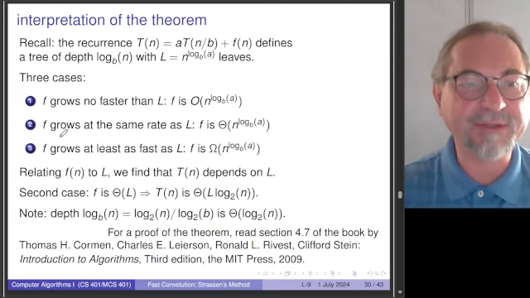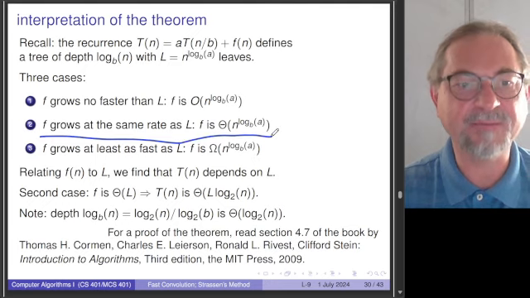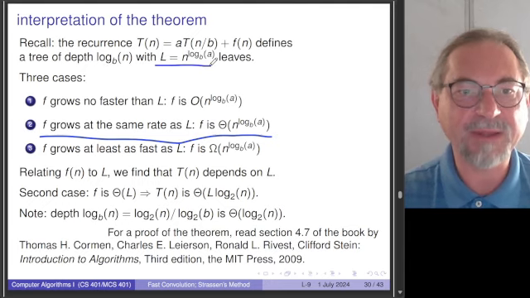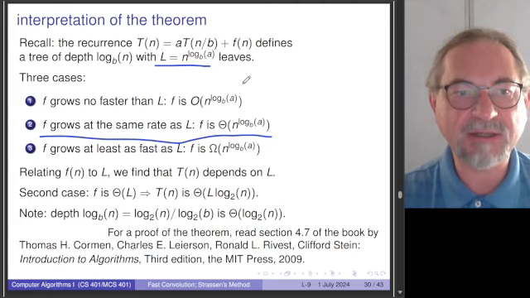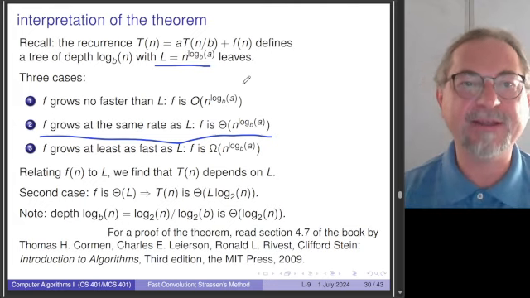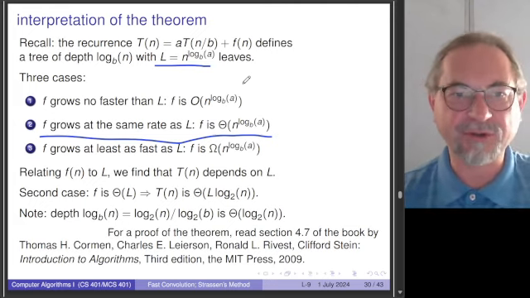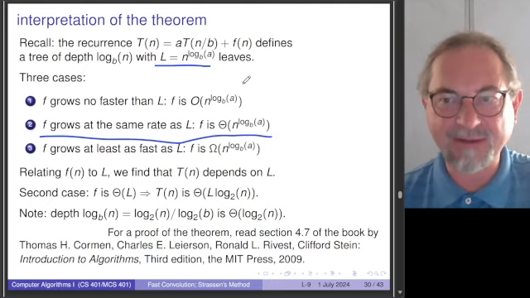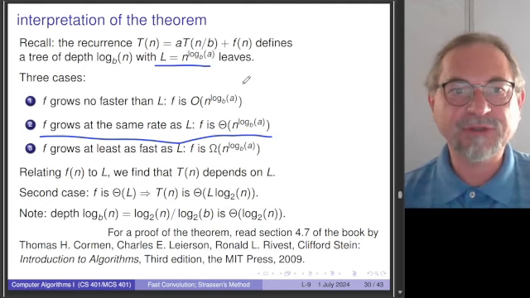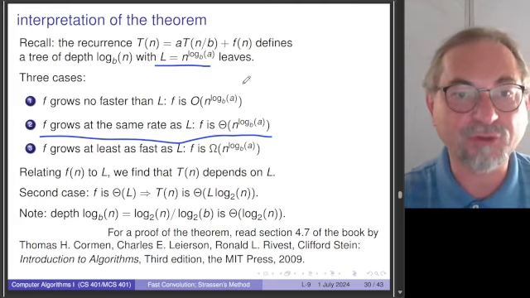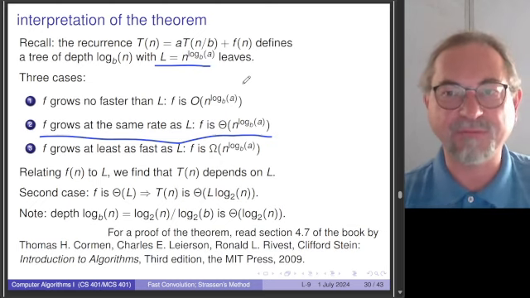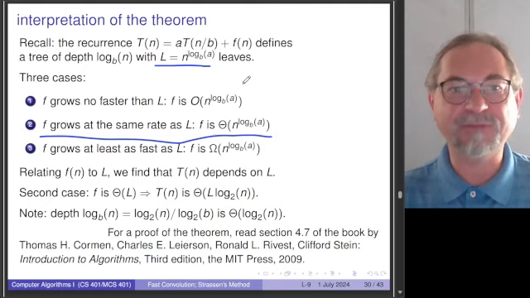So again, we have the middle case that was sitting here. How do we interpret this now in terms of this L? The big L here is determined by the depth of the tree. So in general, b is the factor by which we cut the size of the problems. So that also is going to determine, together with this number of subproblems, how many leaves you have.